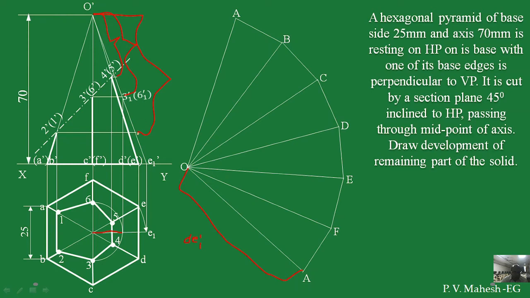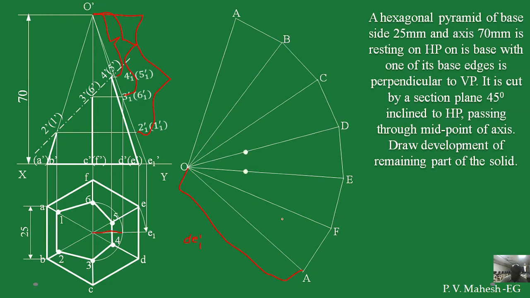With this radius, I get points on O dash 4 1 dash, O dash 3 1 dash, O dash 2 1 dash. I have to draw arcs with these radii so that I will get the points on the development.